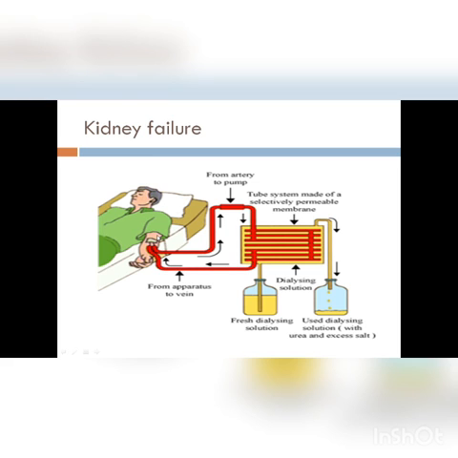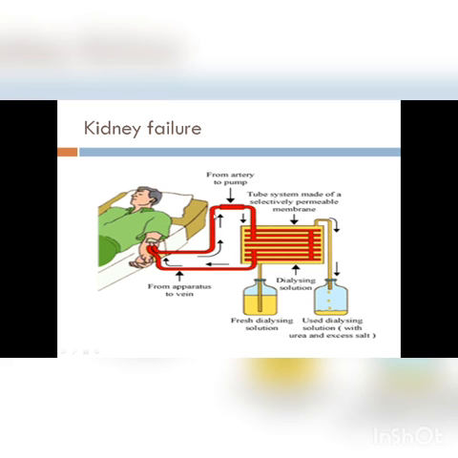In this technique, a circuit is created in which, from the first side, blood comes out from the artery and is pumped into an artificial kidney, which has two types of fluid, a fresh one and a used dialysis solution. This feeds the useful substances into the blood, and from this area the harmful substances are collected by this region.